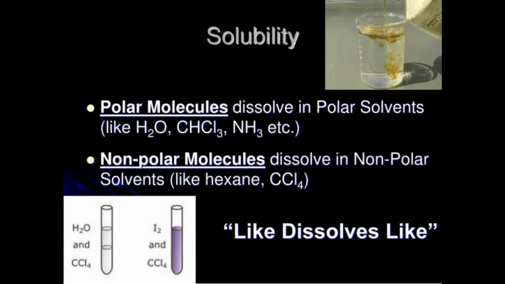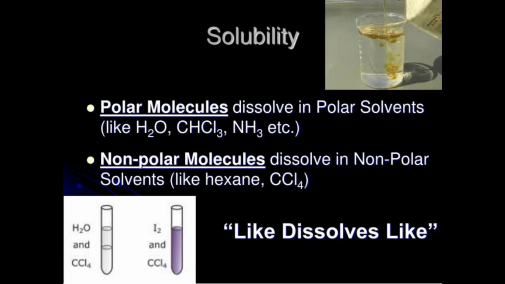Then non-polar molecules, e.g. ethane, CCl4, and etc. will also dissolve in non-polar solvents. Examples of non-polar solvents will be ethanol, kerosene, petrol, etc. Examples of polar solvents are water, dichloromethane, and of course ammonia.